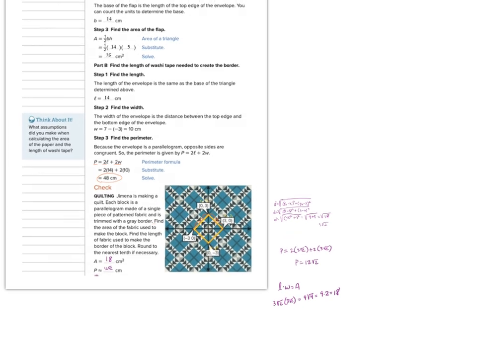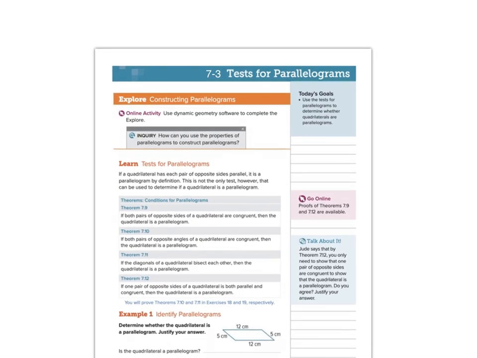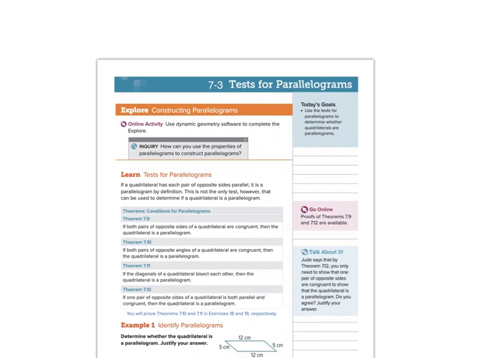So let's see here. Looking at the next example, this unit we're talking about tests. And this is simply using our theorems that if both pairs of opposite sides of a quadrilateral are congruent, then it's a parallelogram. If both pairs of opposite angles of the quadrilateral are congruent, then it's a parallelogram.